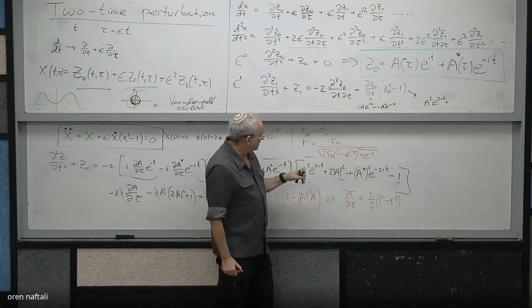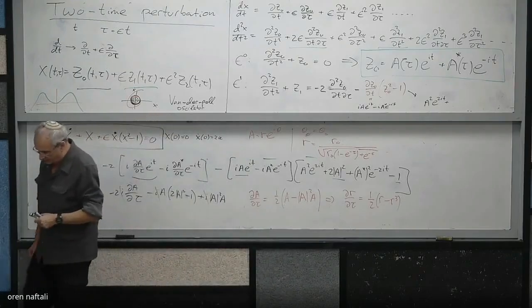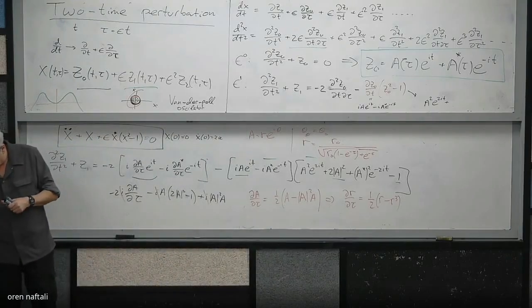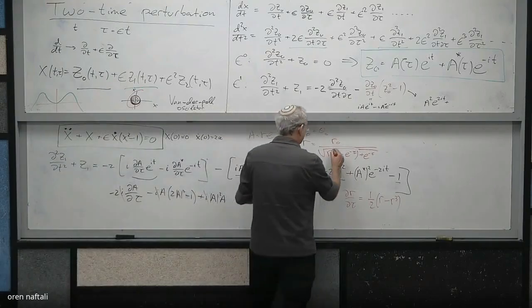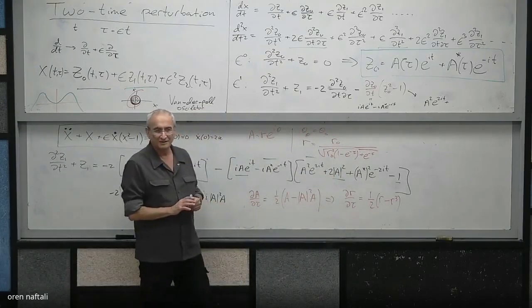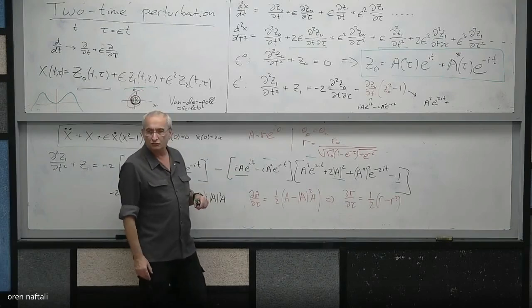And when tau goes to infinity, then e to the minus tau is 0, and I will have the square root of R naught squared, of course. So when tau goes to infinity, I will get 2.